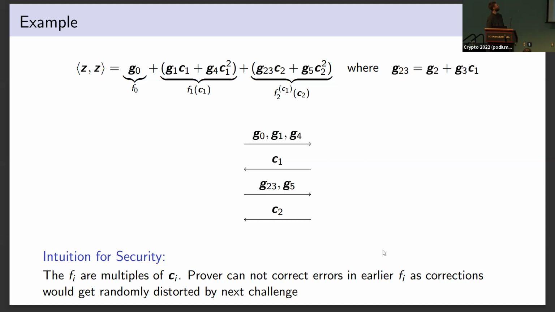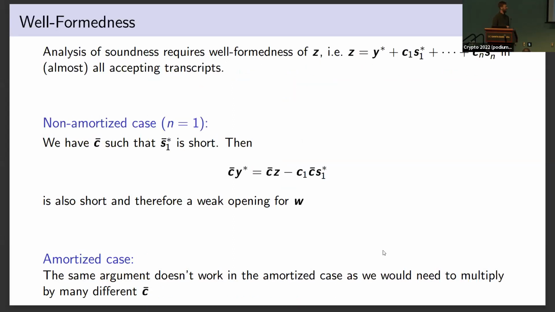So if he wants to introduce some correction because somewhere earlier in the protocol he didn't achieve what he wanted, all these corrections are disturbed because they get multiplied by the next challenge that the prover can't control.